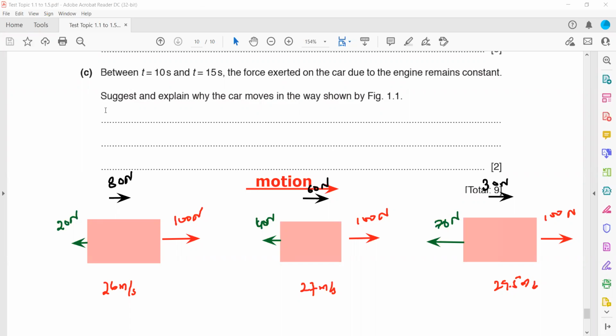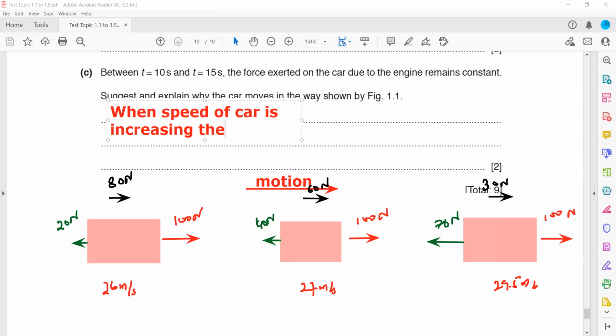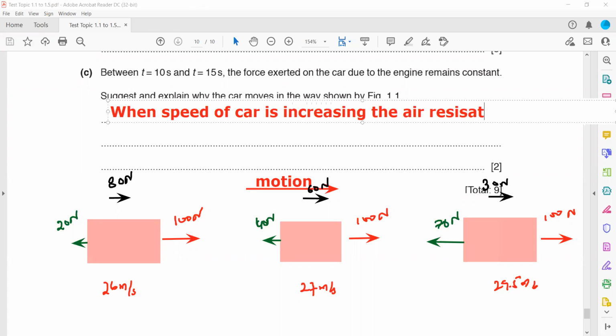So how will you write the answer? When the speed of the car is increasing, the air resistance or the frictional force, or you can also say drag, will increase, because air resistance is directly proportional to the speed of the object.